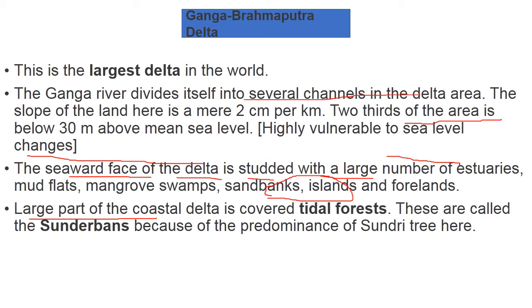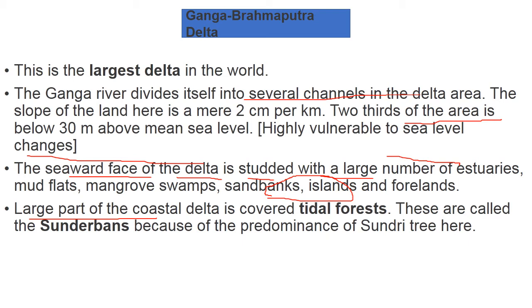The slope of the land is a mere 2 centimeter per kilometer, which means the totally flat nature of this area has been shown. 2/3 of the area is below 30 meter above mean sea level.